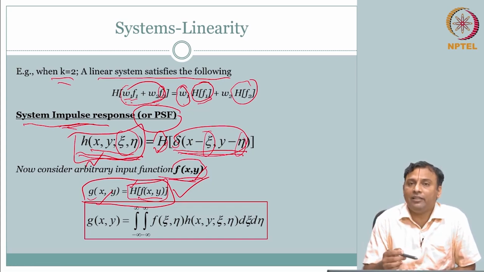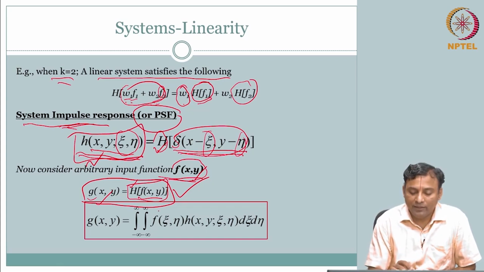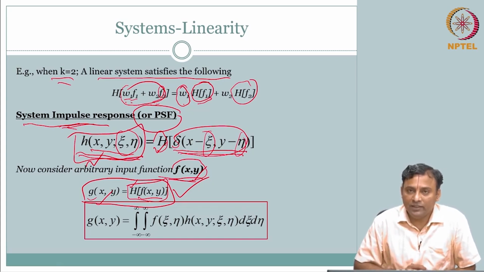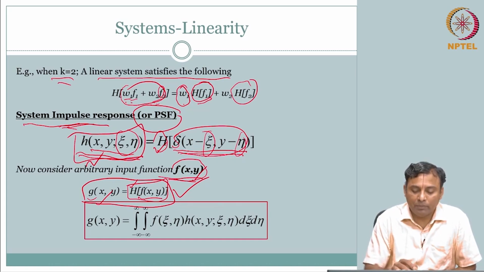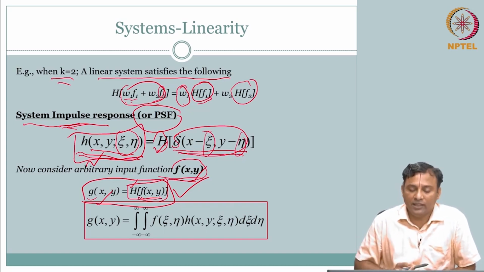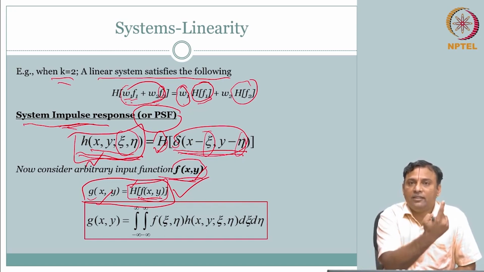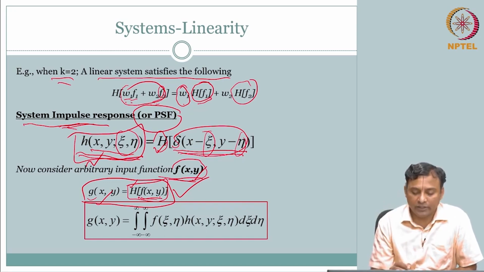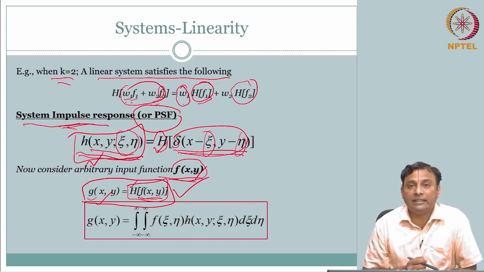So now can we think about presenting the system with impulses multiplied? The arbitrary signal f of x comma y, I can actually see as a collection of impulse functions at different locations. This is what we saw through the shifting property.